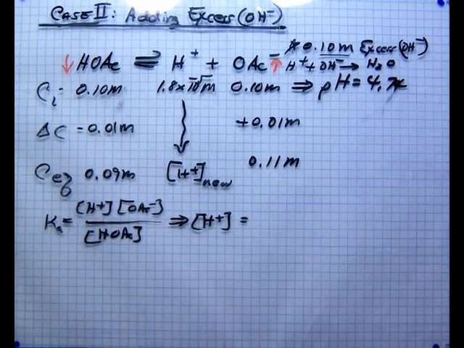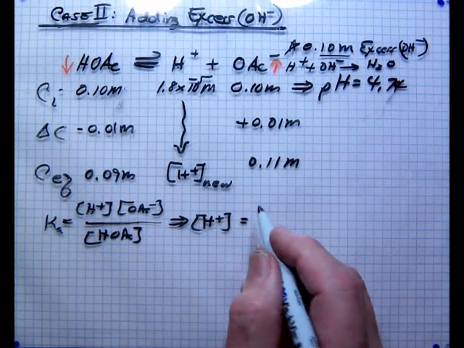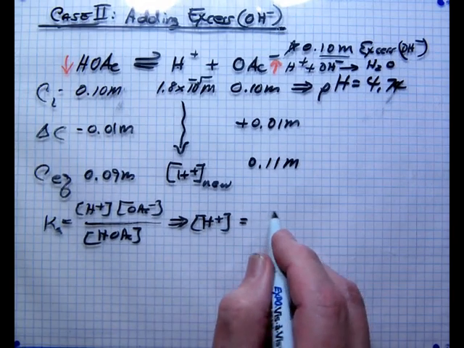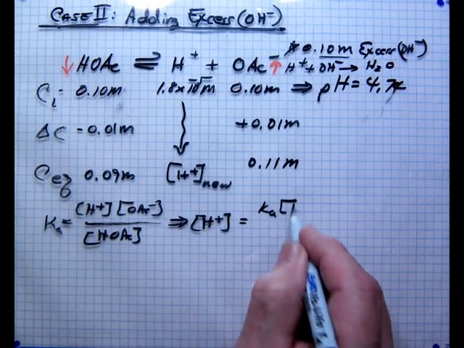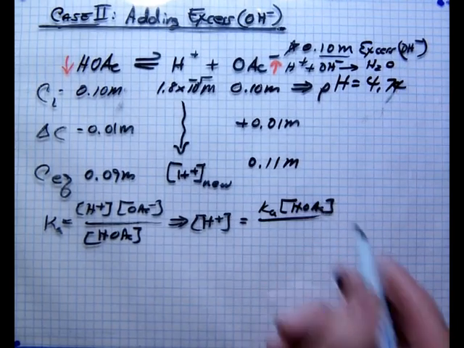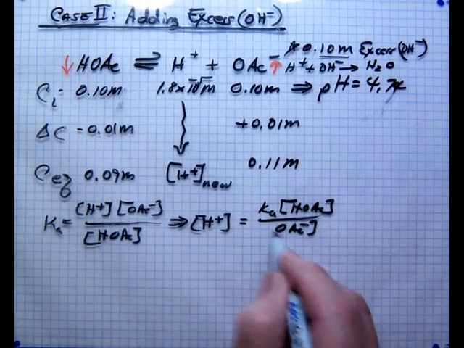I like to do it like this. We can use the Henderson-Hasselbalch equation if you want to. I don't care. So this is Ka times the acetic acid over the salt right here.